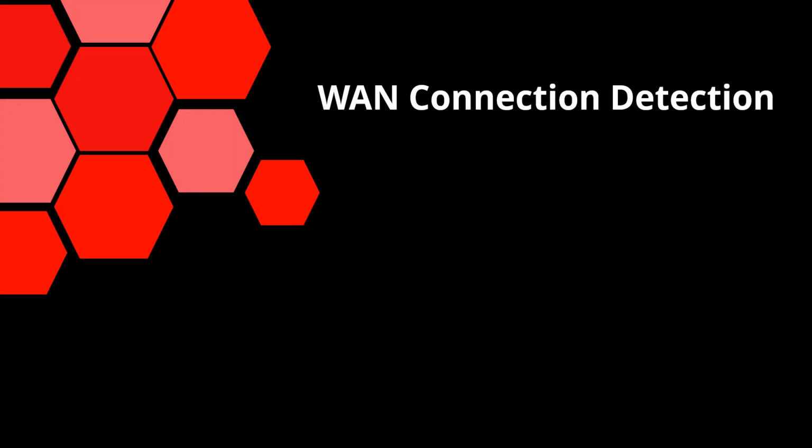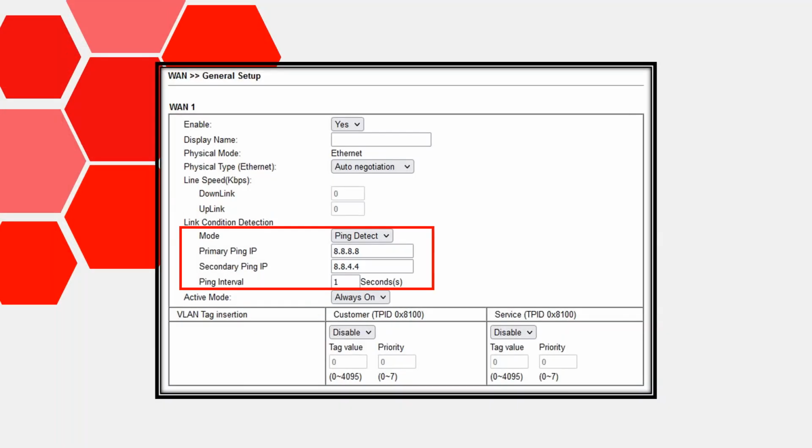So DrayTek routers come with many WAN connection detection options. The first setup page that we usually configure is the WAN general setup page, enabling link condition detection mode to ping detect allows the router to report latency to VigorACS. VigorACS is our management platform.